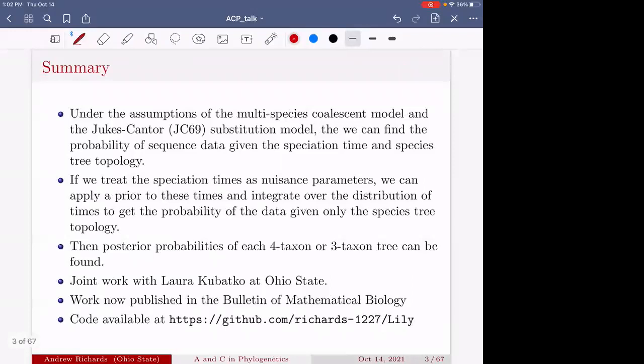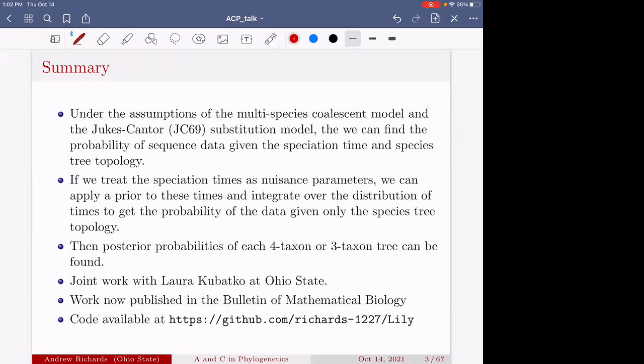So as I said, our goal here is species tree inference under the multi-species coalescent. What we use is a Bayesian-weighted assembly method. Our basic steps are that we start out with the assumptions of the multi-species coalescent model and the Jukes-Cantor substitution model. And from that, we can find the probability of sequence data given speciation times and species tree topologies.